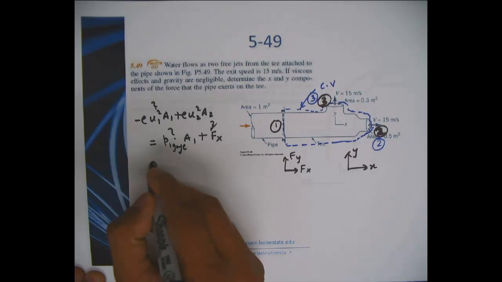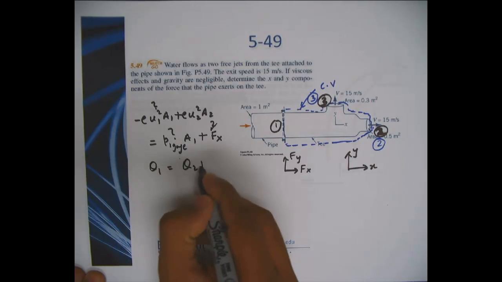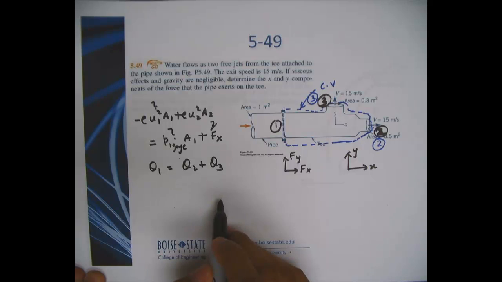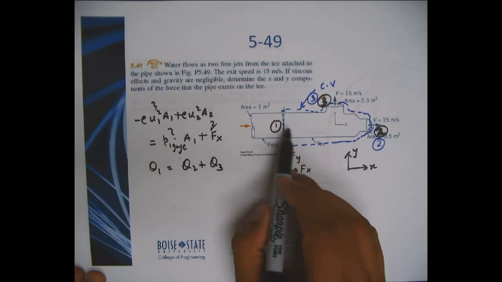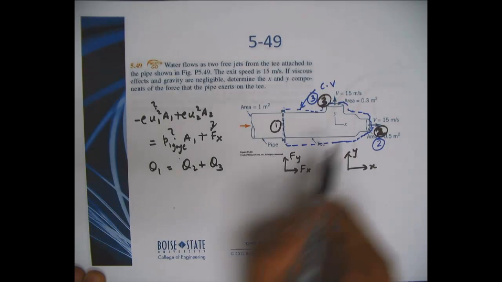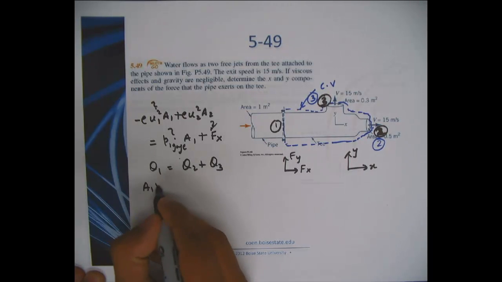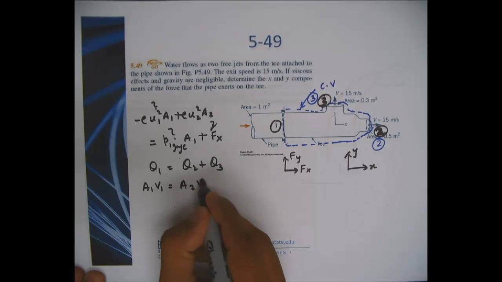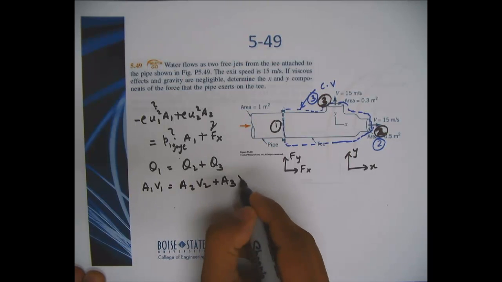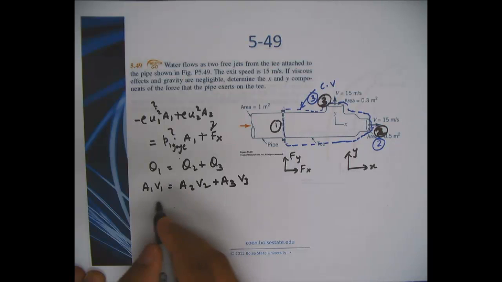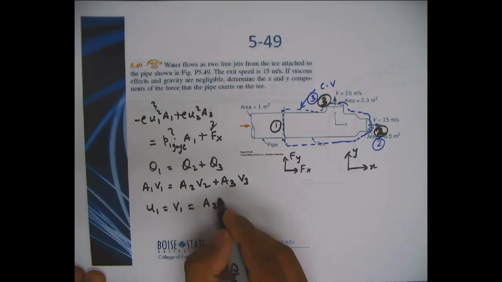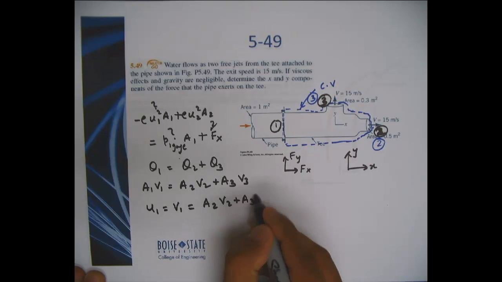So Q1 should be equal to Q2 plus Q3. The volumetric flow rate coming in should be equal to the sum of the volumetric flow rates going out. So A1 V1 equals A2 V2 plus A3 V3. I've interchanged U1 and V1, that's fine.